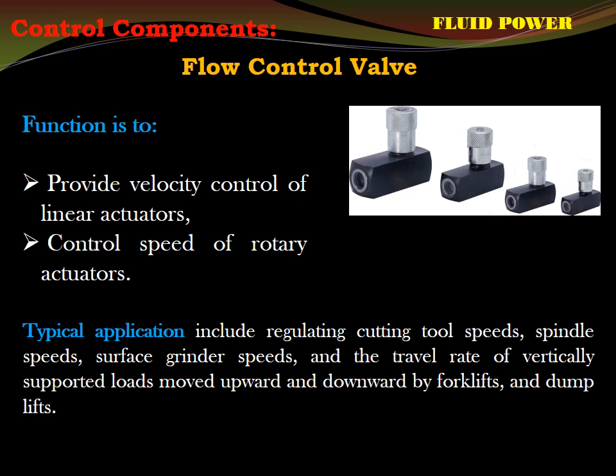So how can it control the speed? Using FCV. It can control the spindle speed, the speed of a surface grinder as mentioned here, and most important, it can control the travel rate of vertically supported loads. So our load is supported vertically and moves upward and downward by forklifts or dump lifts. That travel rate can be controlled by these FCVs.